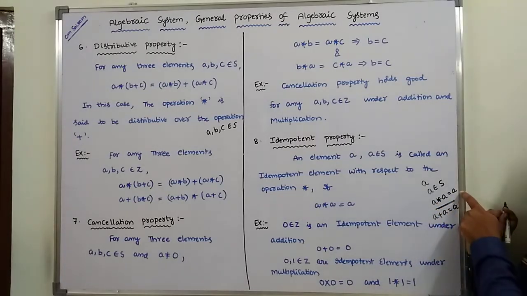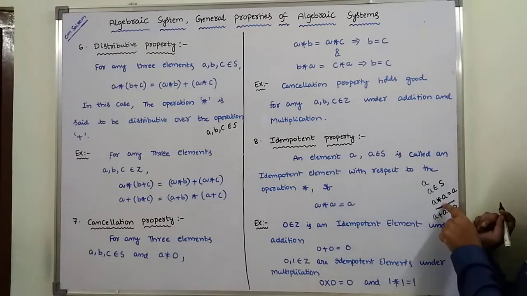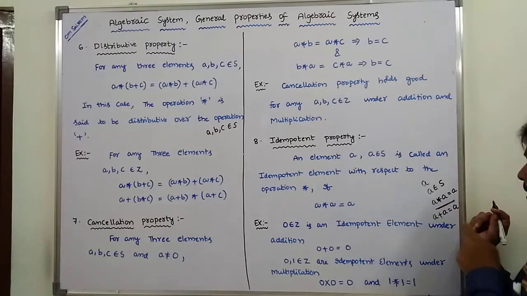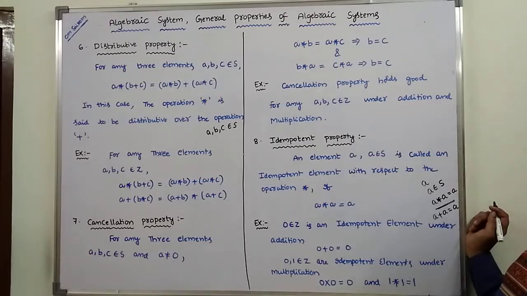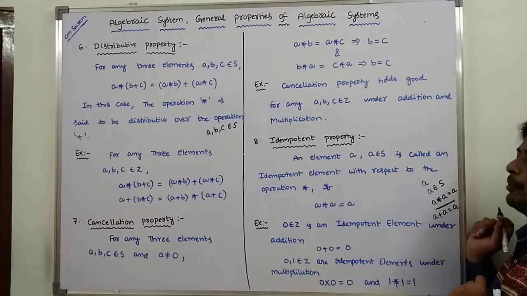Then we get the result, also the same element. So this star operation is idempotent. Next, we can take an element A, and that element is added with the same element. Then we get the result, also the same element. Then it is called idempotent property.